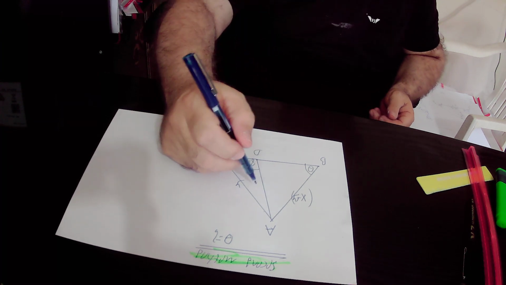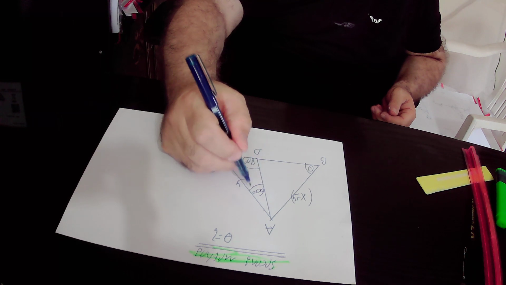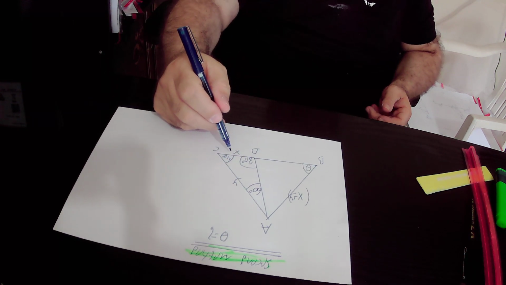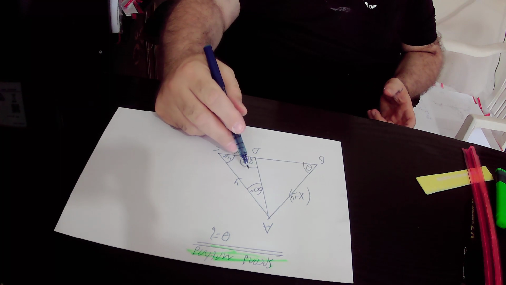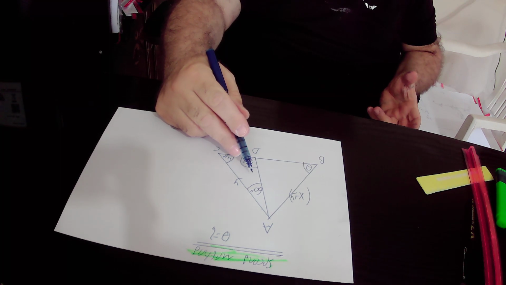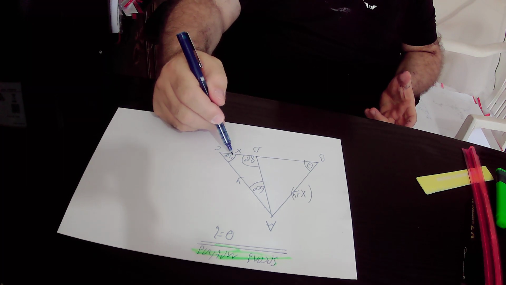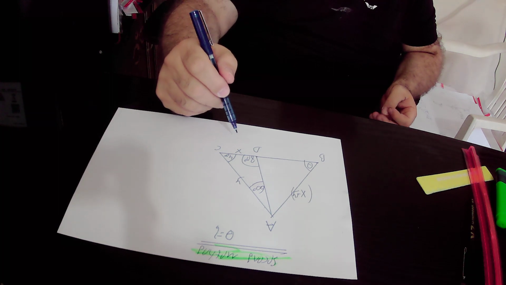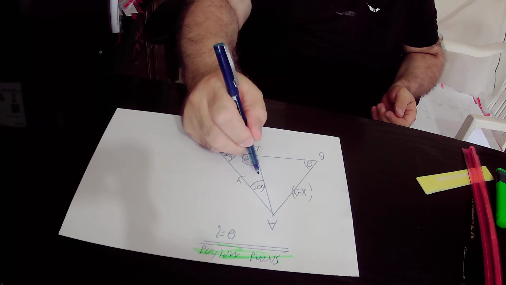Therefore, this angle must be equal to 60 degrees because 60 degrees plus 120 degrees is 180 degrees, in order to complete the sum of the angles in this triangle ADC, 180 degrees. Okay, so in the next step we'll define side AD as a.